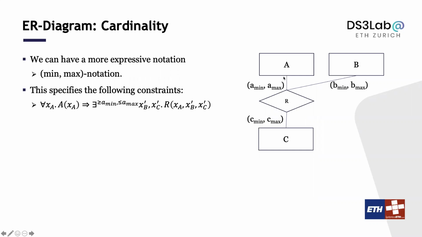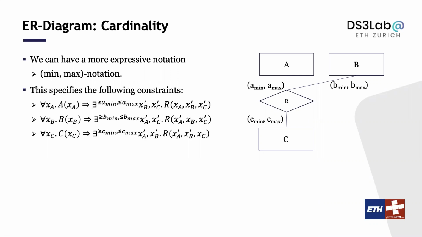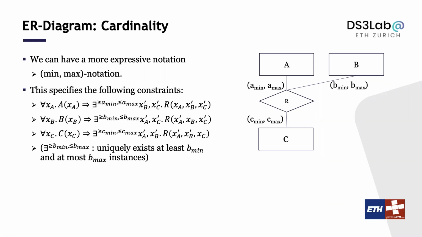The first constraint is associated with A. Essentially, you are saying that for any entity XA, there exist at least a min, at most a max number of XB and XC such that XA, XB, and XC participate in R. Similarly, you have that for XB and you have that for XC. So this is just another notation for you to express cardinality constraints.